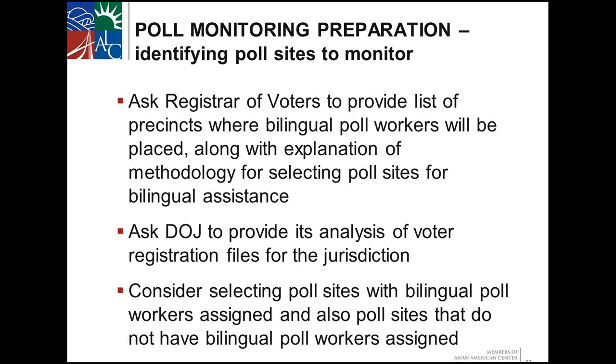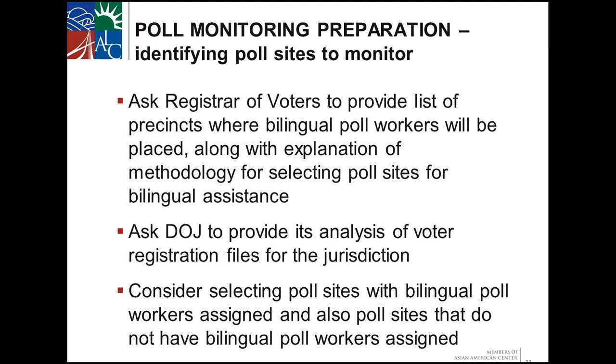Consider selecting poll sites with bilingual poll workers assigned. These would be the ones targeted for Section 203 language assistance. And also, if there's capacity and extra volunteers, consider poll monitoring at poll sites that don't have bilingual poll workers assigned.